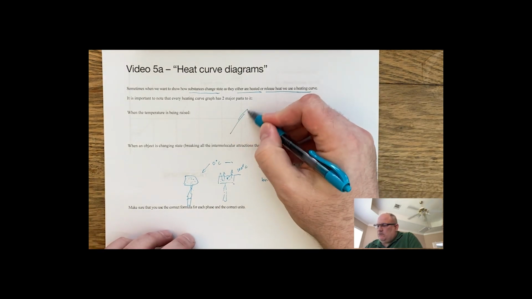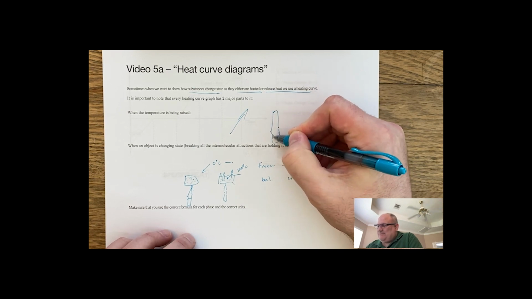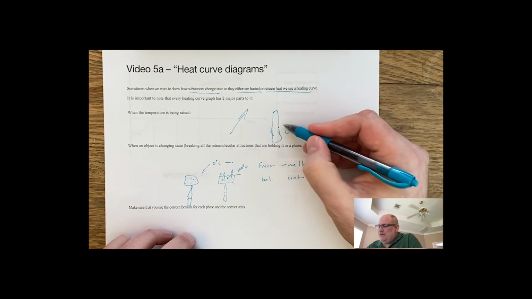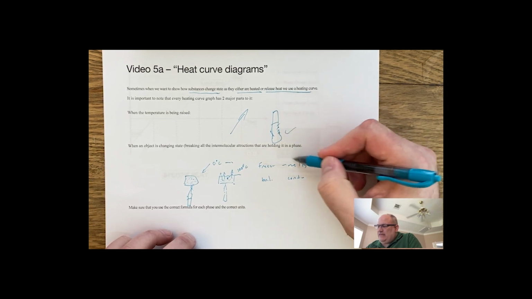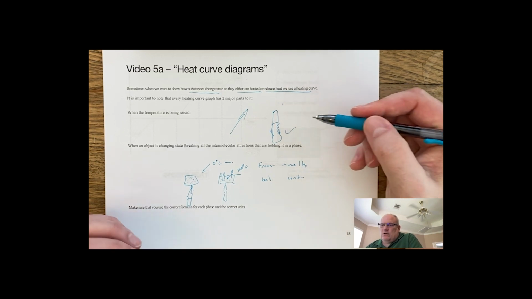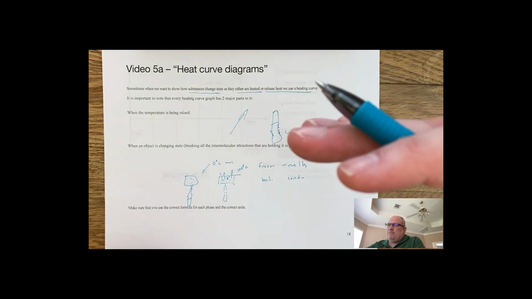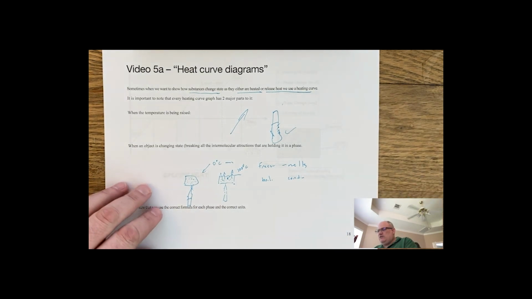If you take a look at a thermometer, and my drawings are absolutely horrible today, it has markings, right? If you add heat to this, the temperature is going to go up. So when we see the temperature going up, we know that energy is being applied. But energy can also be applied consistently and not have the temperature change. And the best way to understand that is by looking at a heating curve.